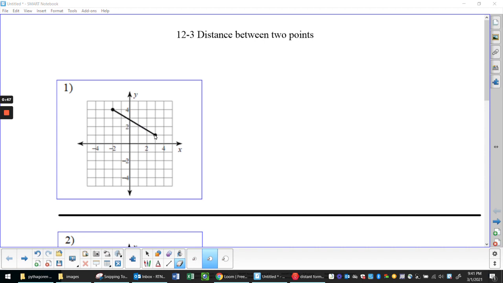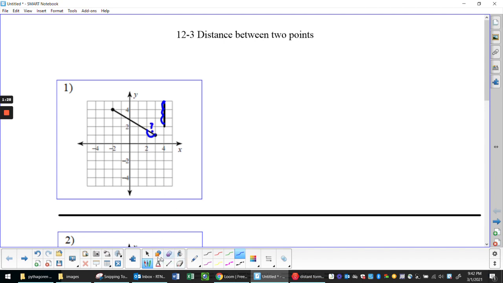If we had this line from here to here, we could say that the distance from this point to this point is 1, 2, 3, because we got 3 hops. That's why we can do rise over run, because the distance of a straight line we can do horizontally and vertically, but we can't do a diagonal distance because we can't count it. You can't go, this is 1. You can't do that, right?